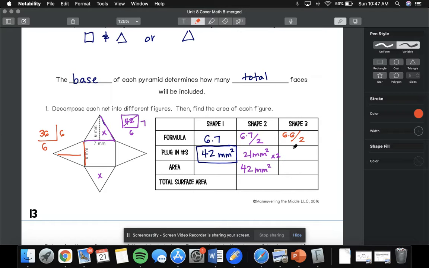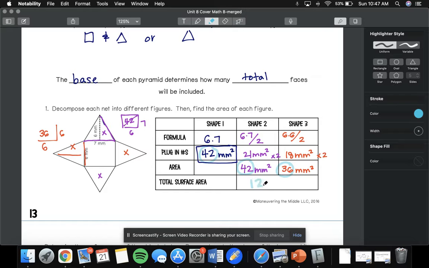Half of 36 is 18 square millimeters. I have this left side, but I also have this right side, so I am going to double it, and I do get 36 square millimeters. Then to find the total, I'm going to add 42, 42, and 36 together.